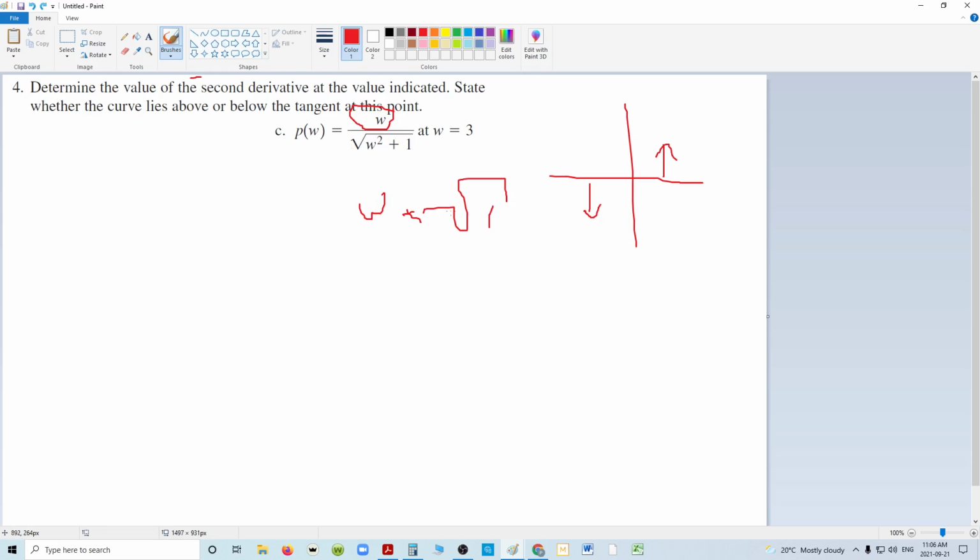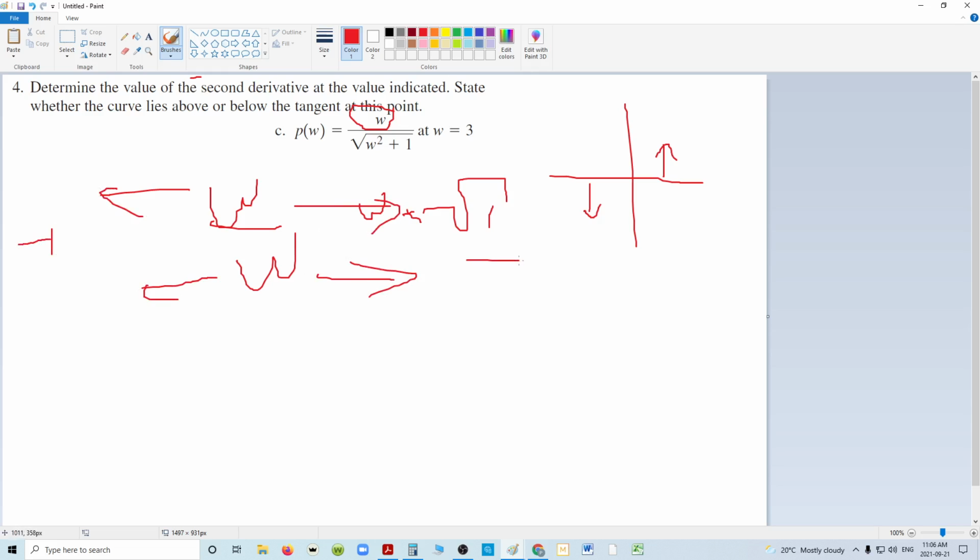Well, if the bottom is essentially this w, and I'm taking the top and dividing it by w, as I get to negative infinity, I will have negative 1. And as I get to positive infinity, I will get to positive 1.